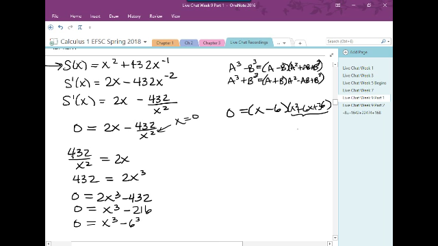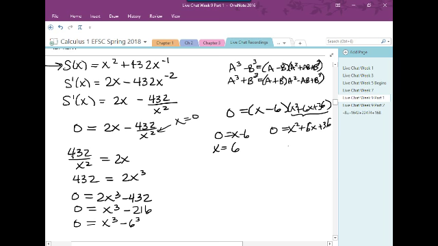I think more than likely any roots of this are going to be imaginary numbers. What I'm saying is that we can set x minus 6 equal to 0, but we can also set x squared plus 6x plus 36 equal to 0. If x minus 6 equals 0, then x would be 6. And then over here we would have, this is a 6 by the way, not a b, and this is a 6.